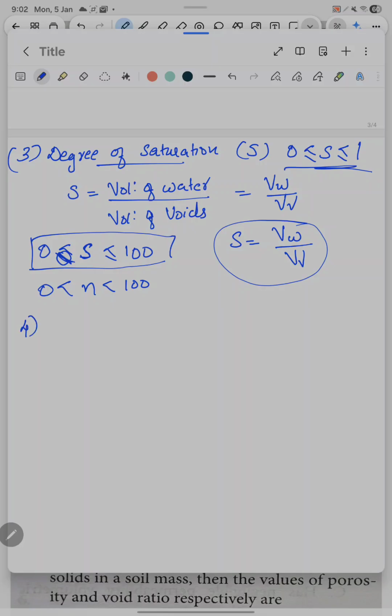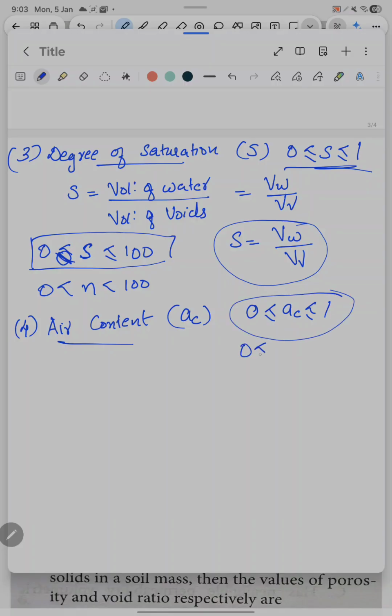The next term we are going to study is air content. Air content is denoted by AC, and its range is 0 less than or equal to AC less than or equal to 1. If it is converted to percentage, 100 will come instead of 1: 0 less than or equal to AC less than or equal to 100. That is the air content range.